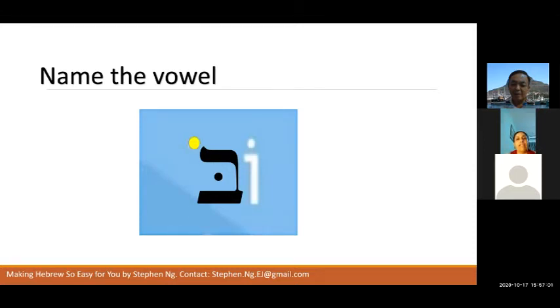Can somebody name the vowel that is placed on top of the letter bet? It's placed on top. Holem. Excellent. Holem, and so it gives the sound bo. So bet with the holem is bo.